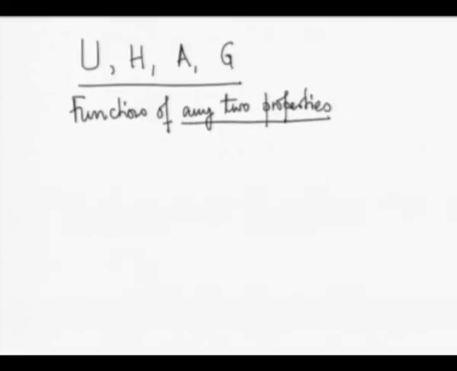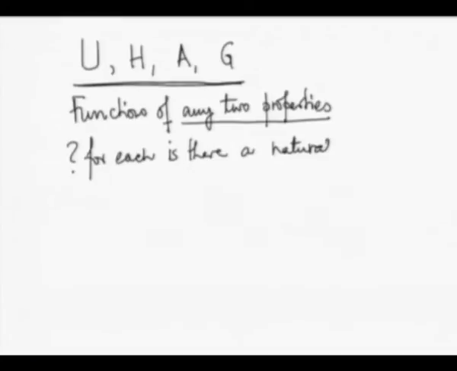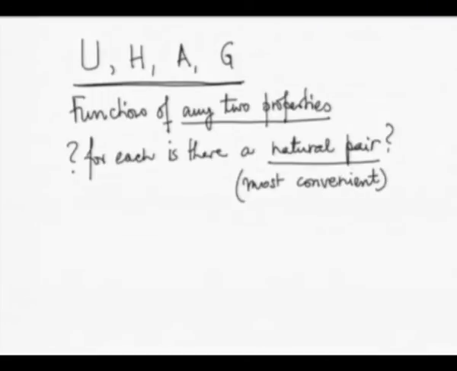Although we have a choice of any two properties, the question we will ask is, for each of these four, is there a natural pair of properties, natural or most convenient? There is nothing natural about it. Actually, one should use the word most convenient pair of properties.